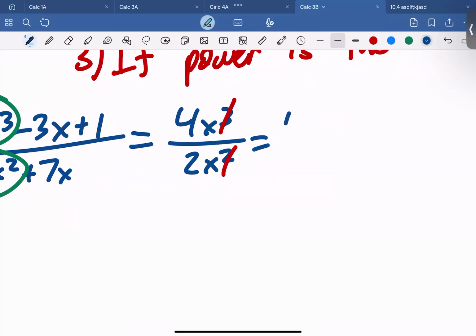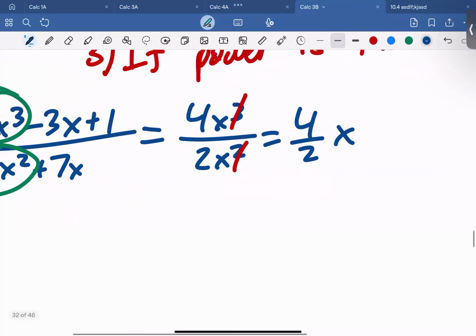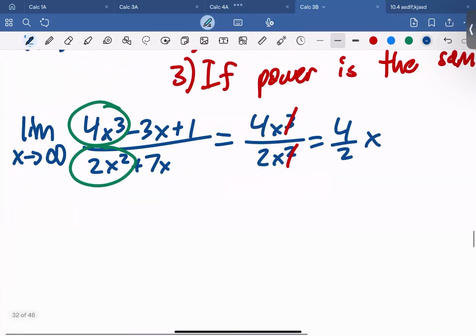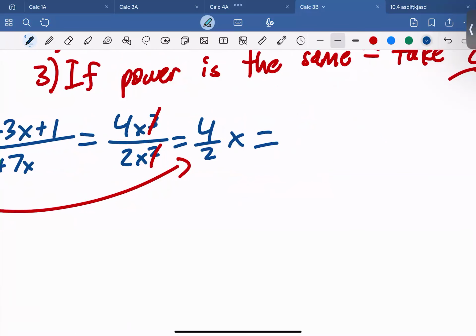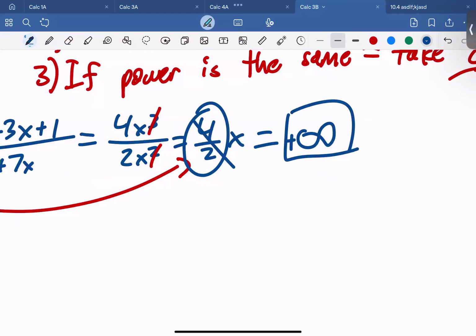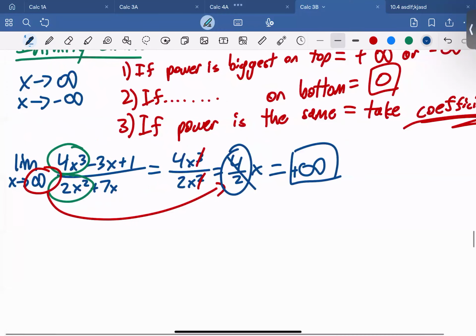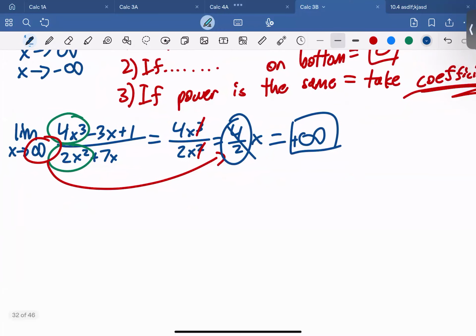So you would get what? x cubed over x squared, just x, right? Cool. And then your last step is to just take your limit as we approach infinity and plug it in, right? If I plugged in infinity here, it doesn't necessarily matter what I have in front. This is just always going to become positive infinity, right? So if this was a negative, then it would be negative.